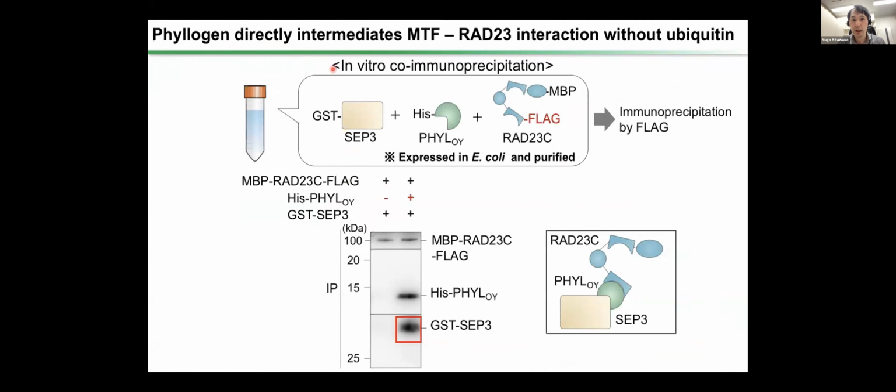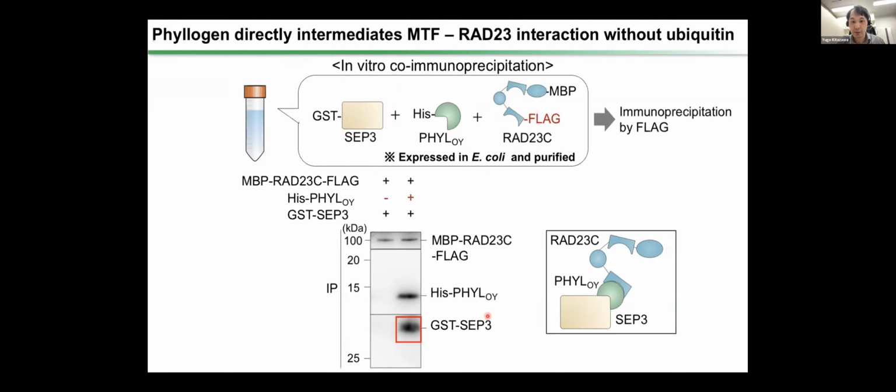We performed in vitro co-immunoprecipitation using CEP3, FIL-OY, and RAT23C expressed in E. coli and purified. Because E. coli does not have ubiquitin, this assay was performed in complete absence of ubiquitin.